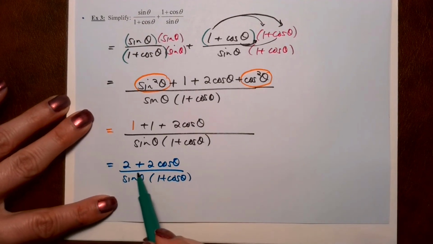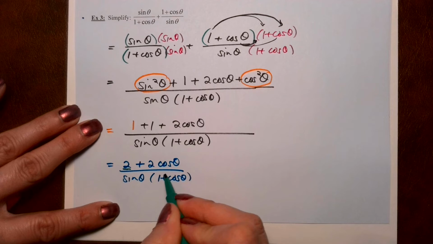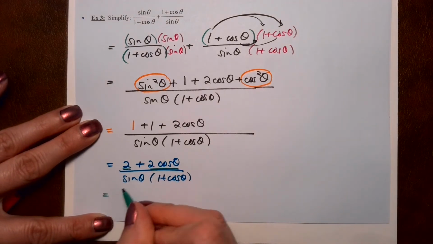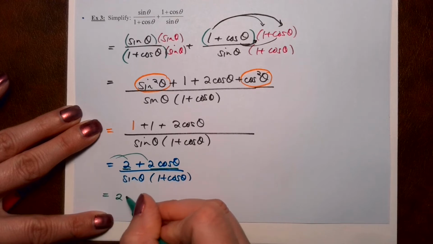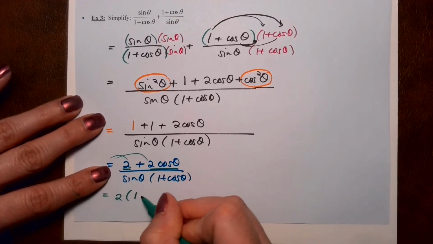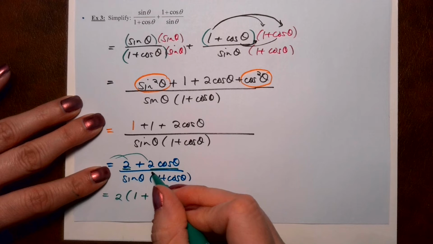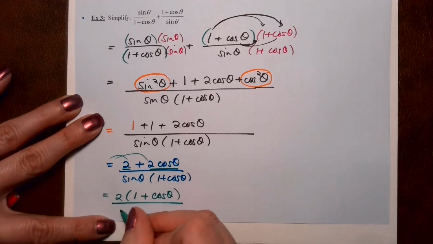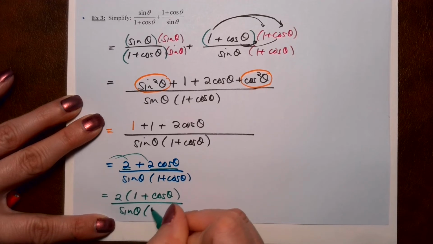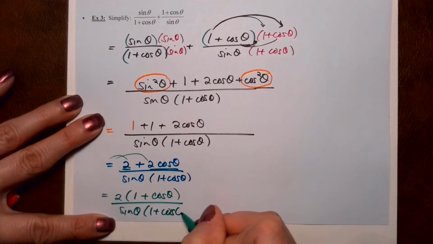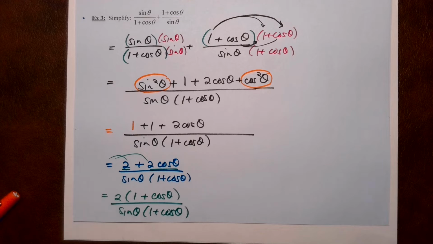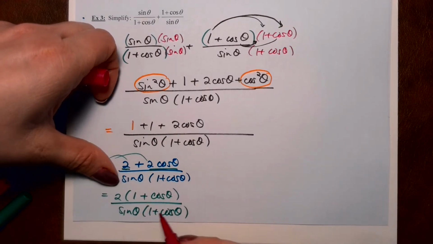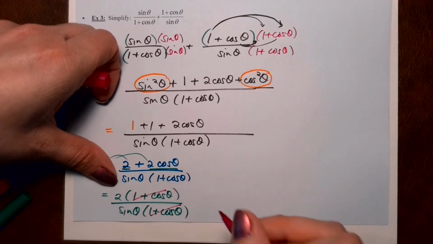Okay, so what can I factor out? There's 2 terms here, and they both have a 2. I'm going to factor the 2 out, and that would be 1 plus cosine of theta divided by the denominator. Okay, did that help at all? Well, since these are exact quantities, we can cancel everything out.